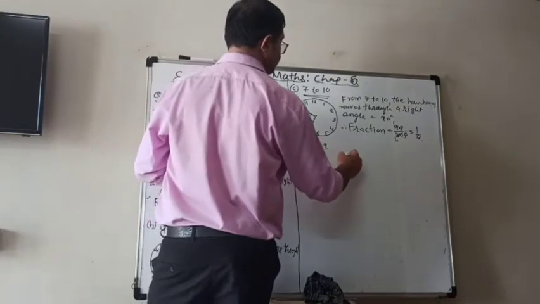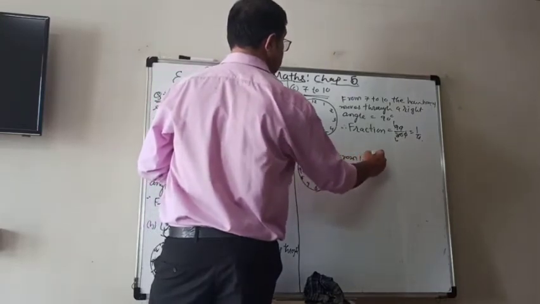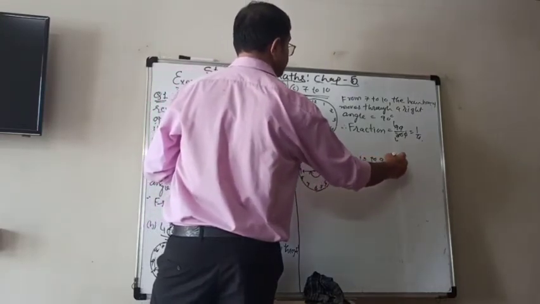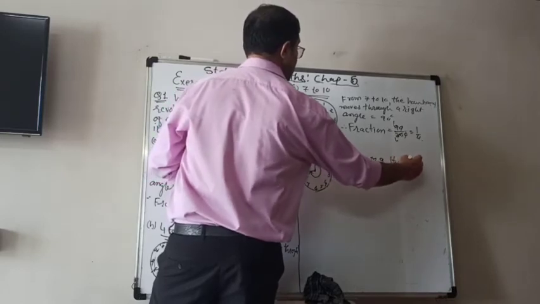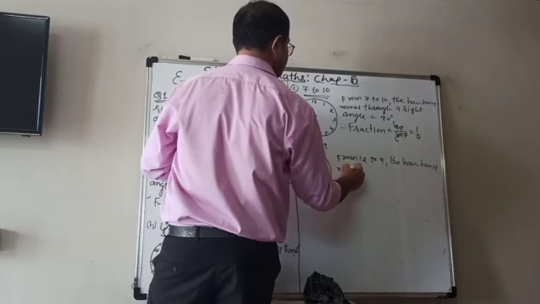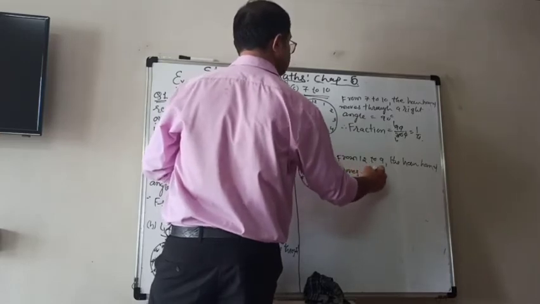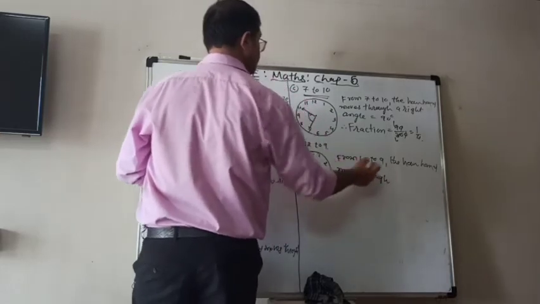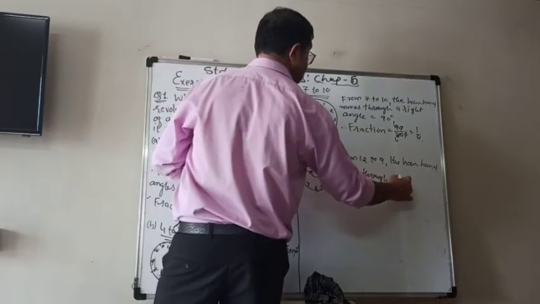So from 12 to 9, the hour hand moves through 3 right angles.